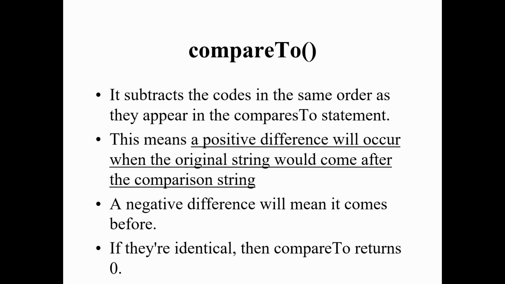Capital A comes before capital B on the ASCII chart, and so forth. So basically A comes before B, so if you subtract their codes, if you do A minus B, you'd get a negative, which would tell you that A comes first, which of course we know it does. If you did B minus A, you get a positive, which tells you B is bigger. And so in other words, it would come after it. So that's basically what compareTo does.